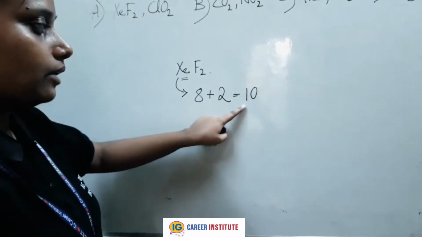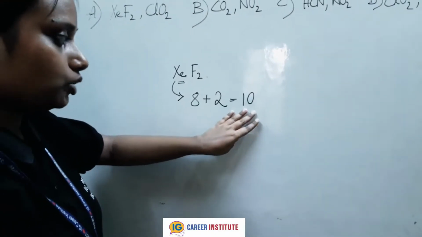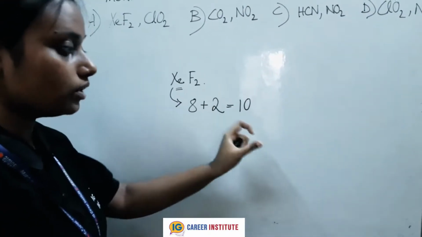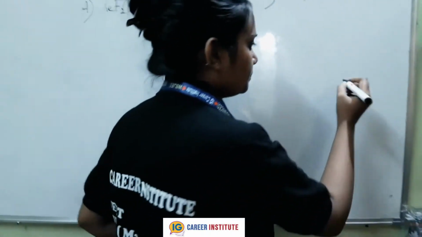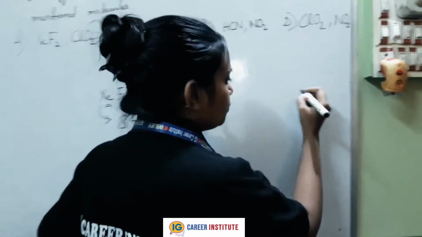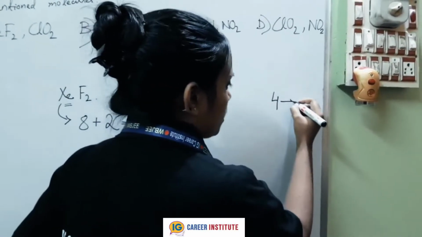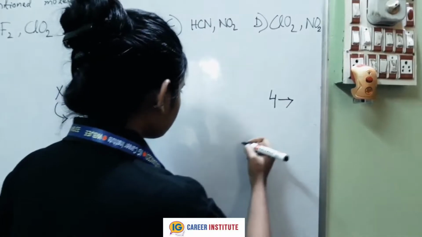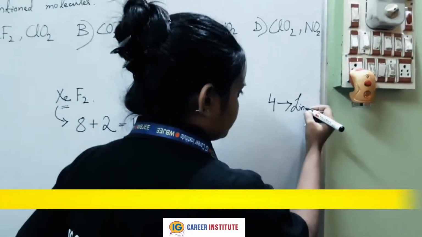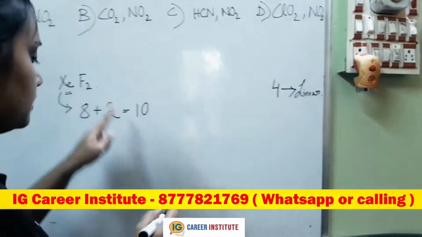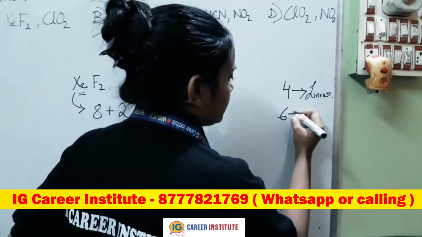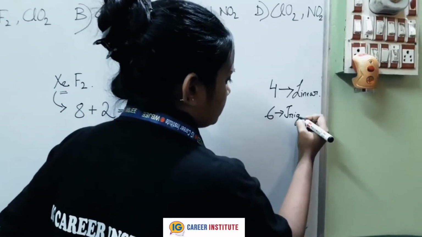Now, whatever value comes up will help us to predict the structure. For example, this is a chart through which we can predict: if after calculating, 4 comes, then the structure is linear. If it comes 6, then it is trigonal planar.